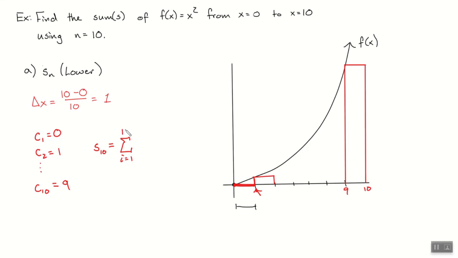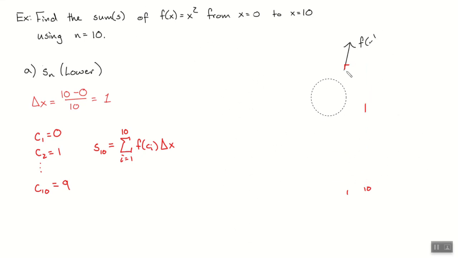To 10 of, and we'll write this out for now, f of c sub i times delta x. Okay, before we continue, if you've never seen this notation of the sum, which is the summation is the real way you say this, it looks ugly. It is so much nicer than we think it might be. This time, and this time only, we will be expanding it and making sure that everybody's comfortable with it.